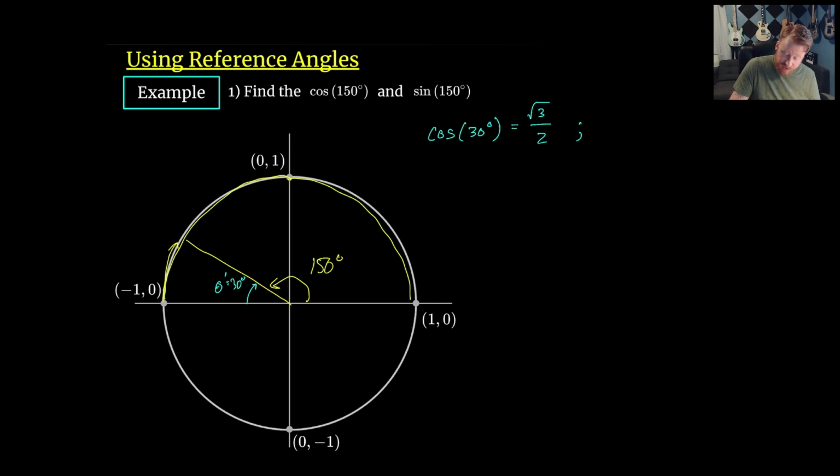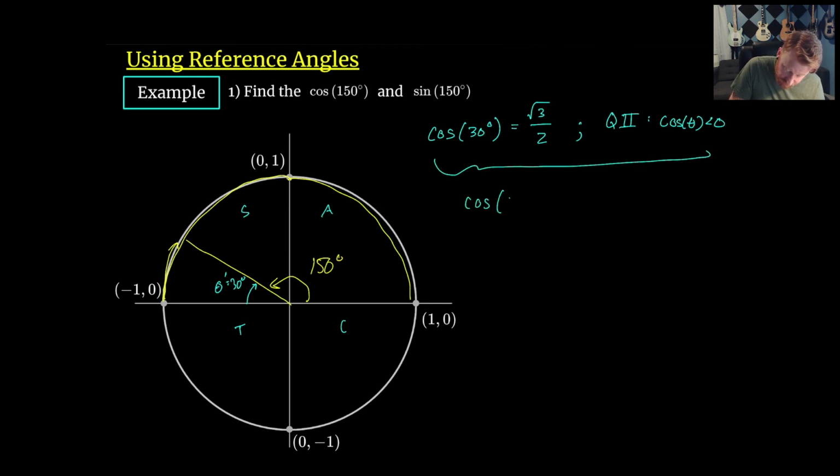And we're going to use this in conjunction with the fact that we are in quadrant 2, where the cosine is always negative. So remember, a smart trig class. Only the sine is positive in the second quadrant, which means that the cosine of 150 degrees is going to be the same absolute value, but we're going to make it negative, square root of 3 over 2.